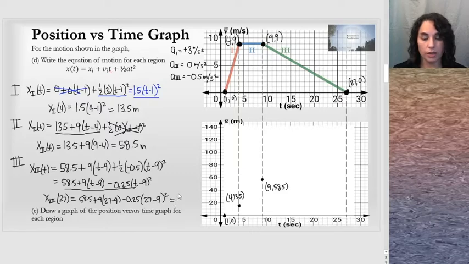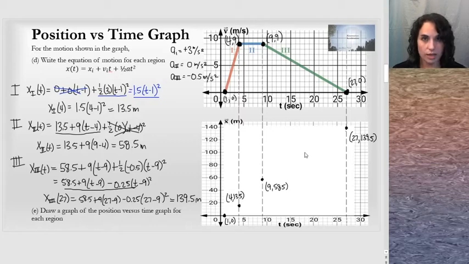When you run that through your calculator, you get 139.5 meters. Okay, so the scale works here. When it gets to 27 seconds, we're about at 140. So 27, 139.5.